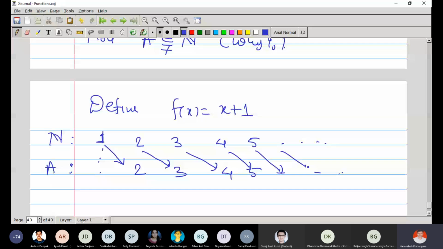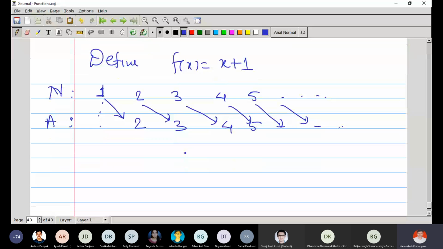Because how many elements are in set A? Infinitely many. So there will not be a situation such that for some element in N, no element is available. That situation will not arise.